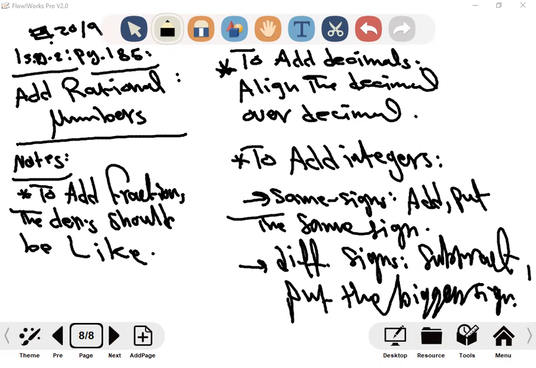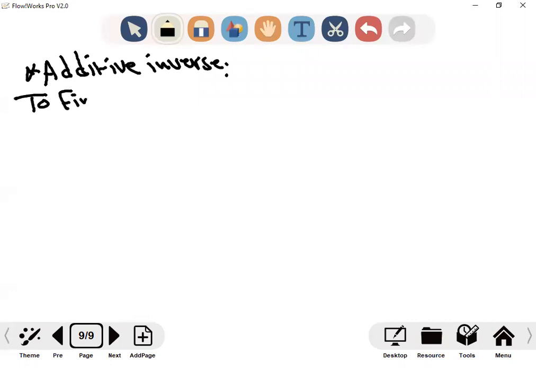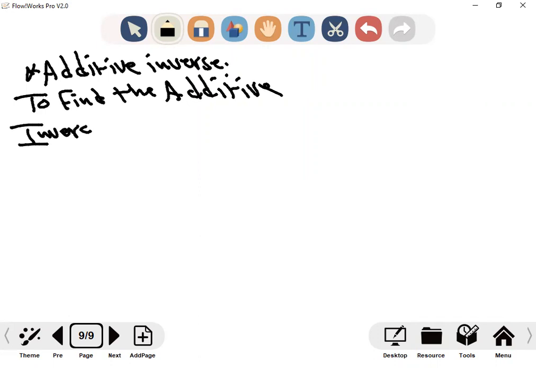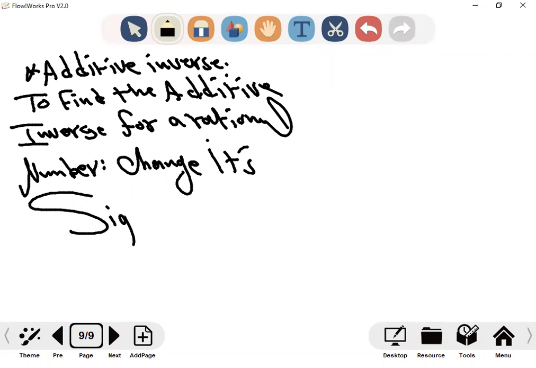Before example 1, we have something we call additive inverse. To find the additive inverse for a rational number, change its sign.